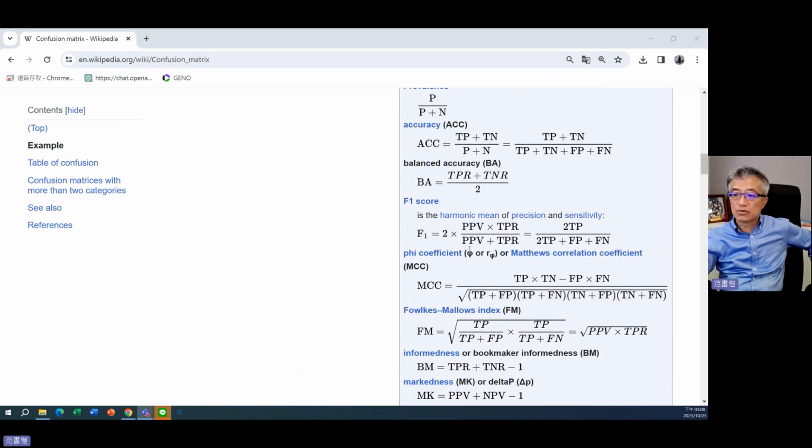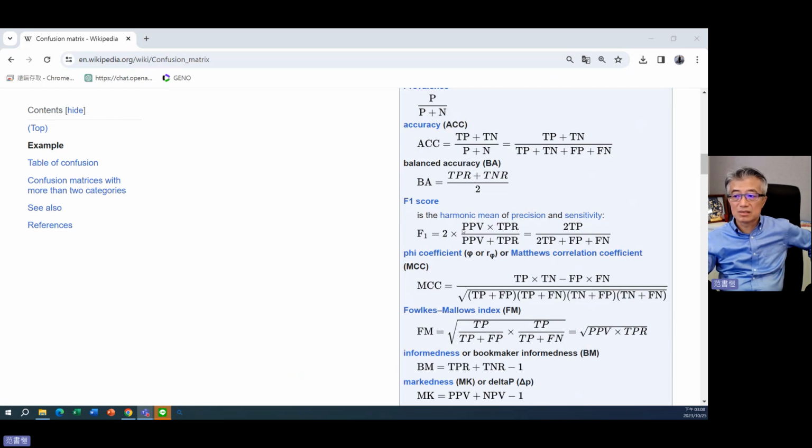And F1 score, it could be F1, could be F2, could be F0.5. That is known as a harmonic mean between the precision and the recall. So you like to make a balanced score between the precision and sensitivity.